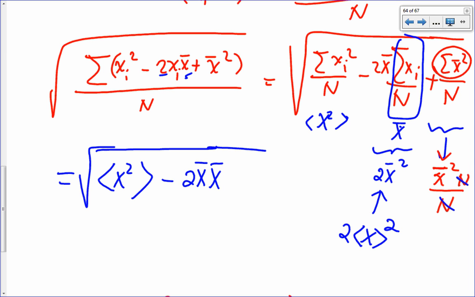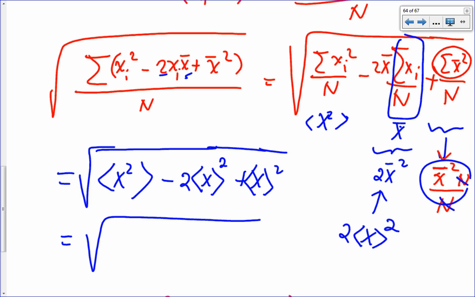So minus 2 times the average of x squared plus, and this is just the average of x squared. So that gives you the square root of the average of x squared, minus, we can combine these two. So that just leaves 1, right? So minus the average of x squared. So that's how you calculate the standard deviation for very large n.